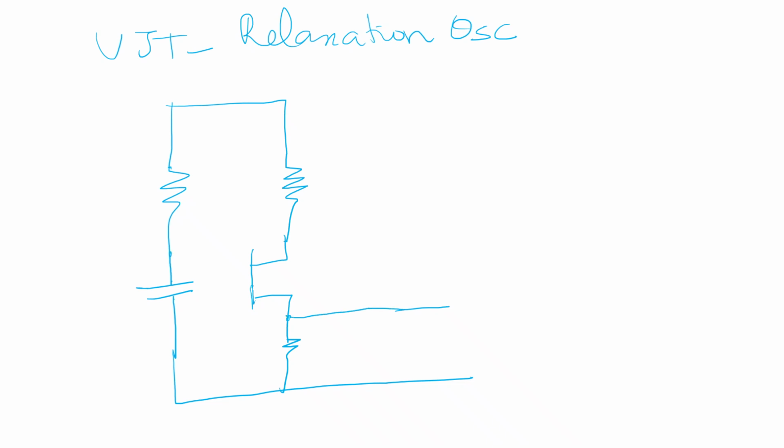The emitter is connected here, and we will name the emitter terminal, base 1 and base 2 of the UJT, the R1 and R2 resistors, the R3 resistor, and the C1 capacitor.